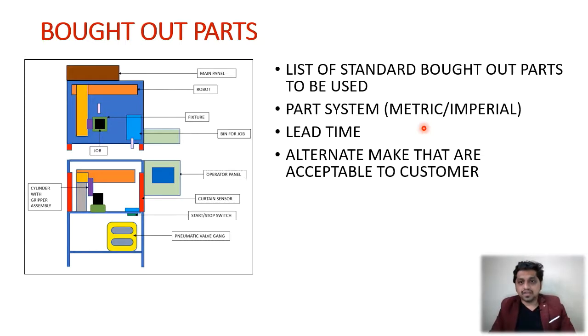When you choose some kind of part, according to its manufacturer, your place and all those things, the lead time can vary, so you should think of that. And then the alternative makes acceptable to the customer: if the lead time is so high that you cannot cope, then you should ask the customer which alternative make is possible, right?